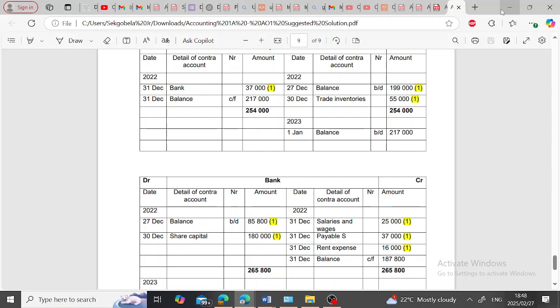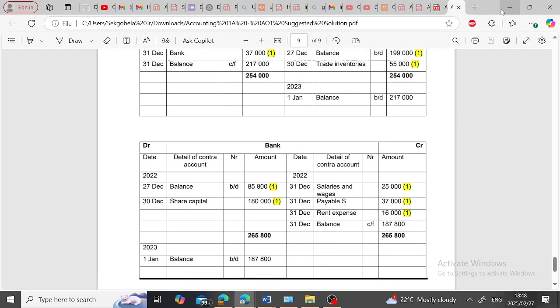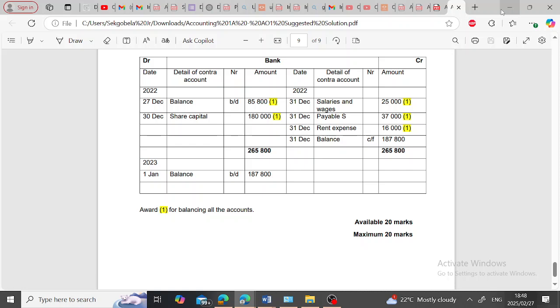This amount is then going to come to the debit side as balance brought down to be 187,800, because this is the money that we're going to have at the beginning of next year, which I should show you guys now, which is this, right? And then they say award 1 mark for balancing all the accounts. 1 for all.